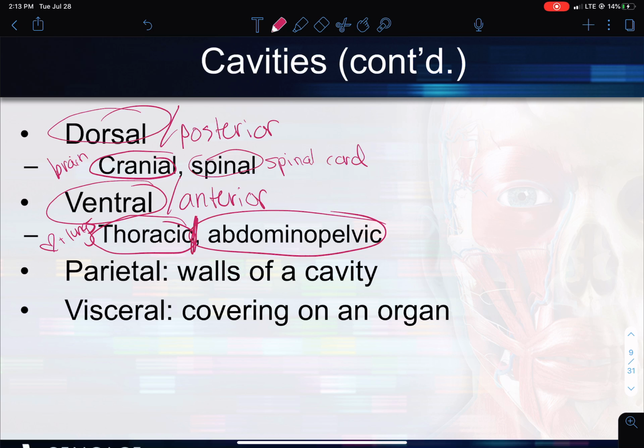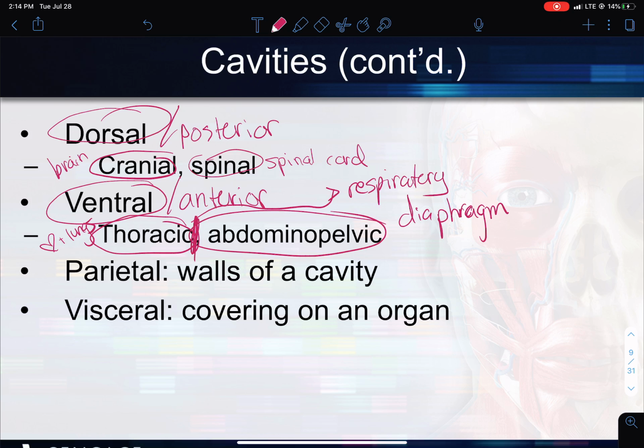And what's separating these two is called the respiratory diaphragm. That's what's separating the superior portion of the ventral or anterior cavity, which is the thoracic region, from the abdominal pelvic region.